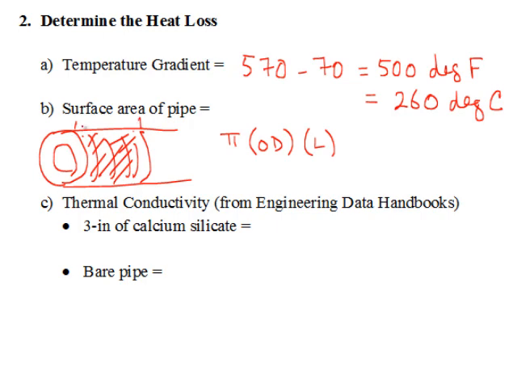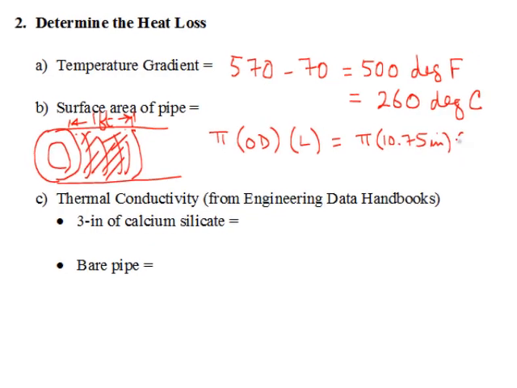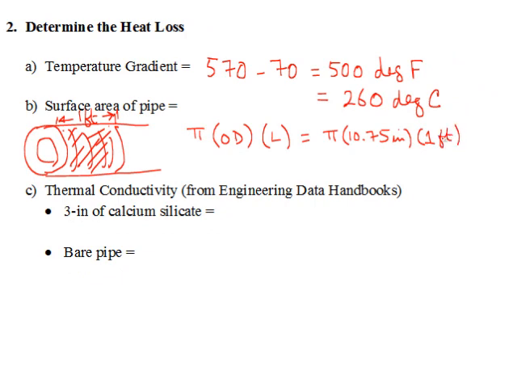We will choose a unit length, which is 1 foot, or in the metric system we can choose 1 meter. So that comes to pi times 10.75 inches times a length of 1 foot. That gives us a surface area of 2.817 square feet per foot length of pipe, or in the metric system it comes to 0.86 square meters per meter length of pipe.